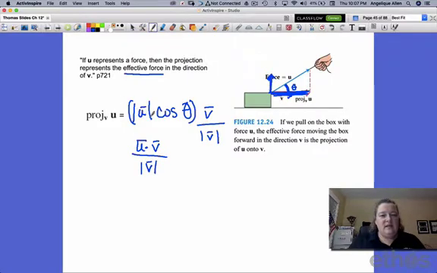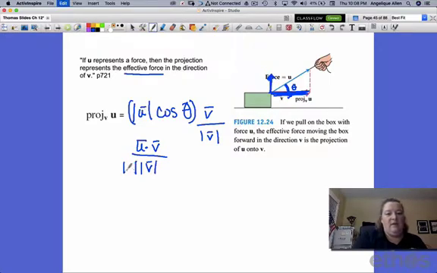See how this is the length of u up top, okay? So this right here would represent the cosine of theta. If we multiply the cosine of theta by the magnitude of u, then this cancels.